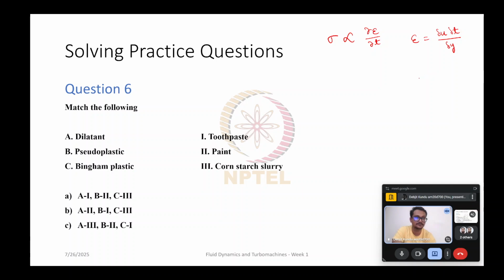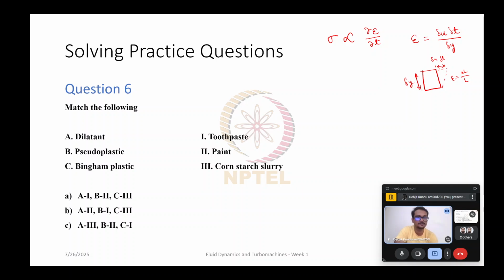So just to make things a bit more clear, I have a block like this. This is delta y. This is the strain that happens. So this displacement is equal to the velocity into time, right? And we earlier saw that strain is equal to displacement by whatever the original length was.